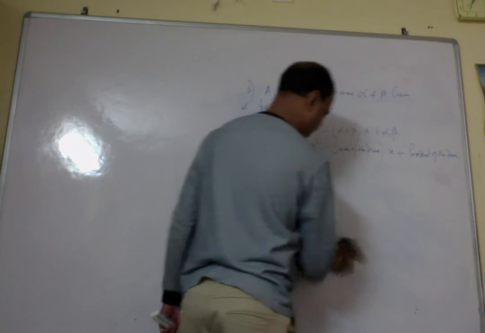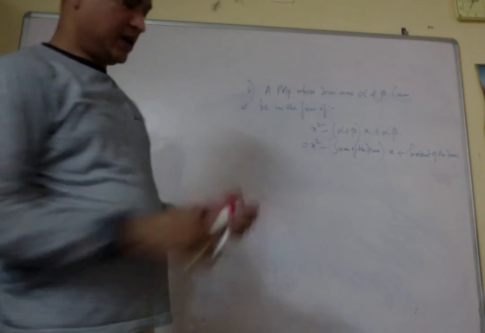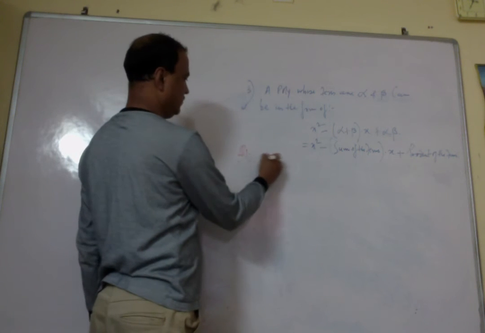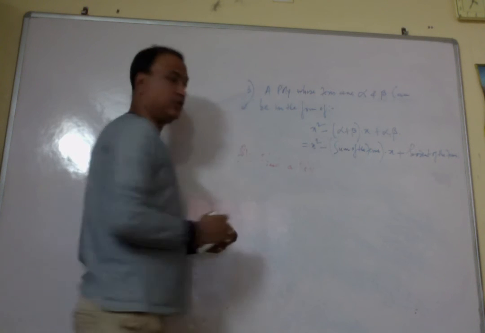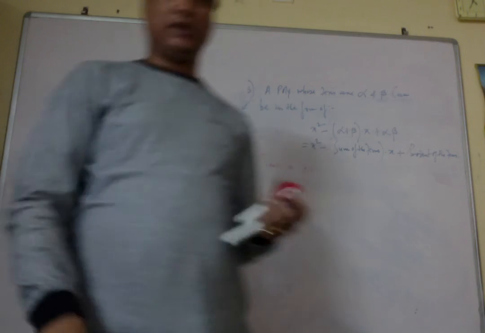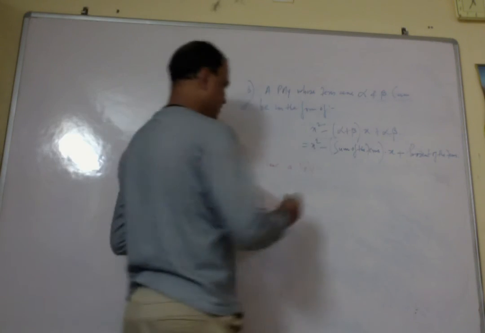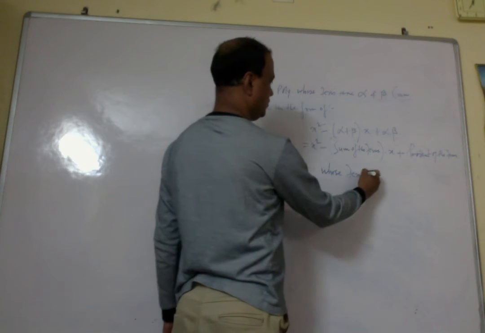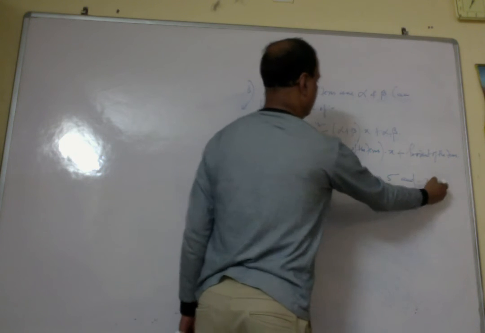Let us do one sum. Question number 1, a simple short question. Find a polynomial, or maybe a quadratic polynomial. If you are giving 2 zeros, it must be a quadratic polynomial, or simply find a polynomial whose zeros are 5 and minus 3.